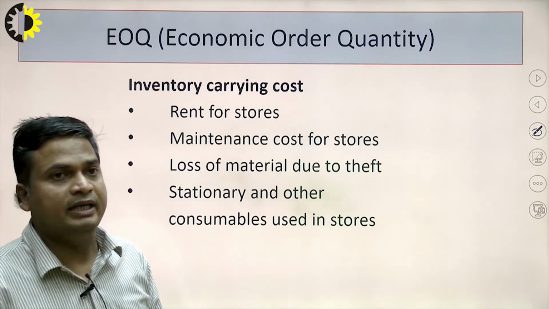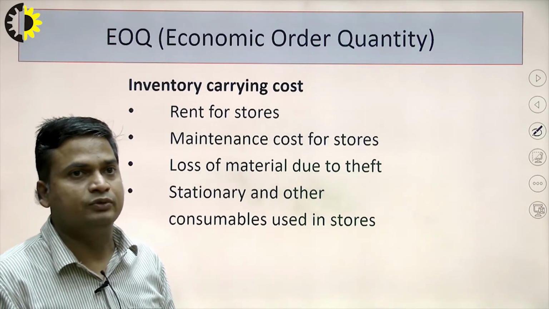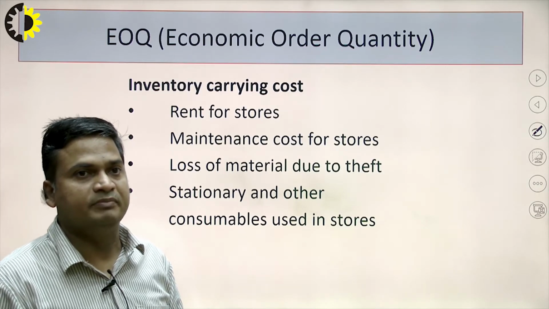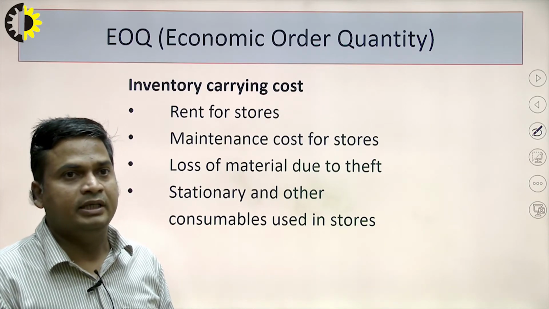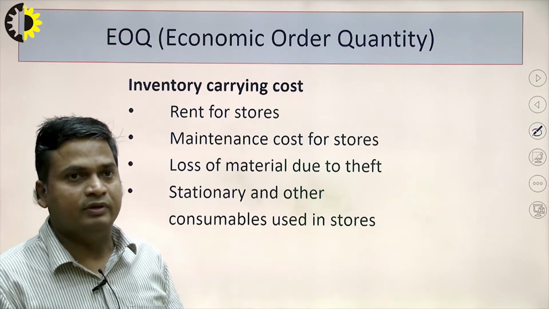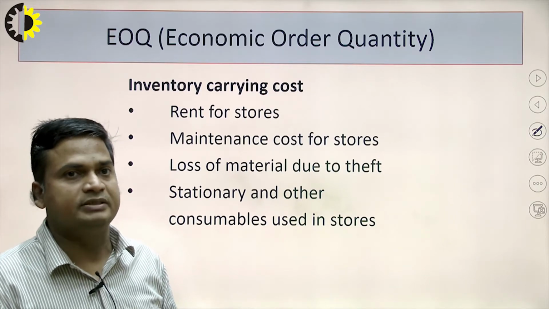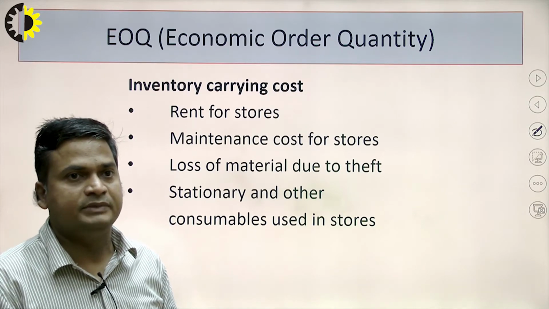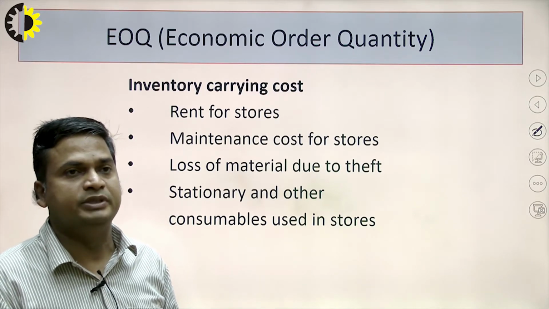Now, inventory carrying cost, that is the rent for stores, maintenance cost for stores, some air conditioning requirement, packaging cost for fragile items like glass items, loss of material due to theft, stationery and other consumables used in stores.